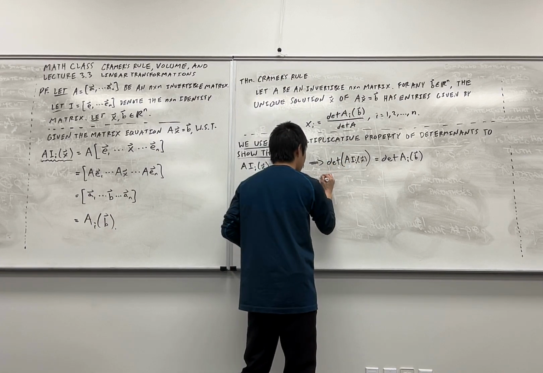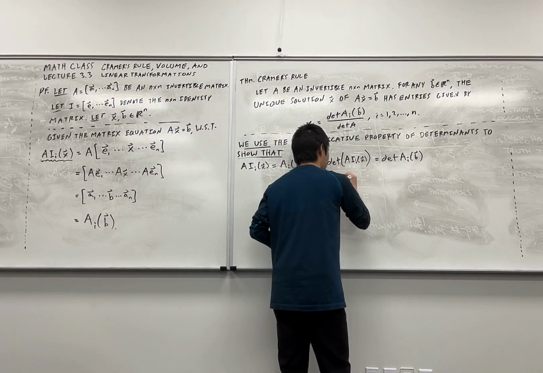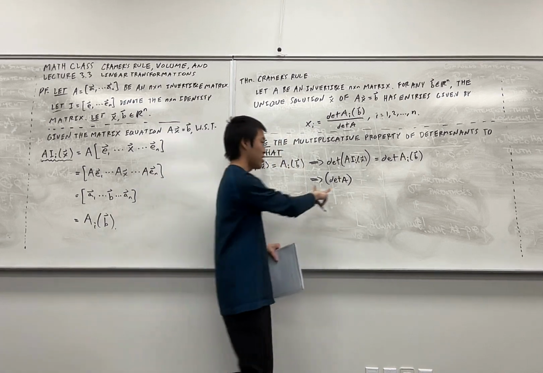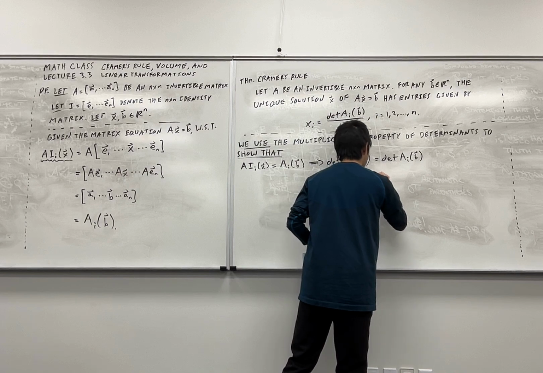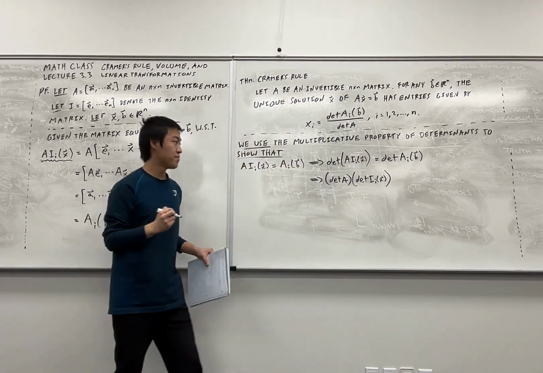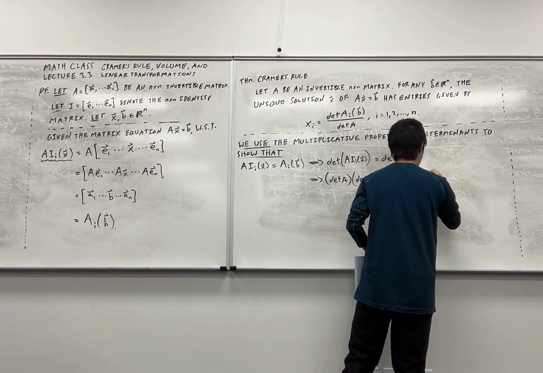So compute that first and think of this number, and then multiply it by the determinant of I sub I of x separately, and that's still equal to my determinant of A sub I of b.